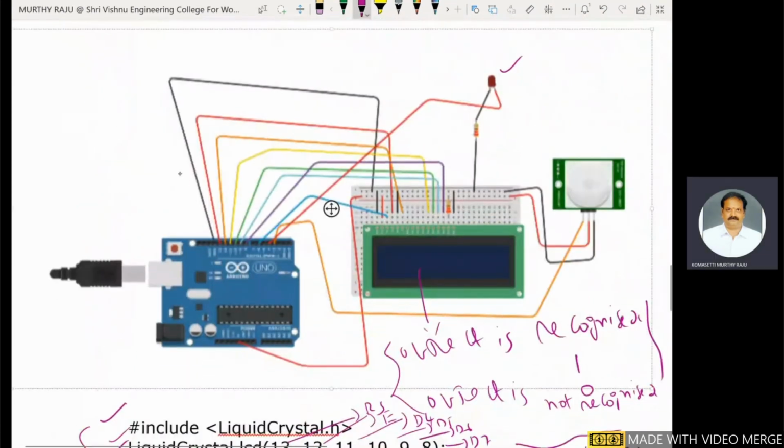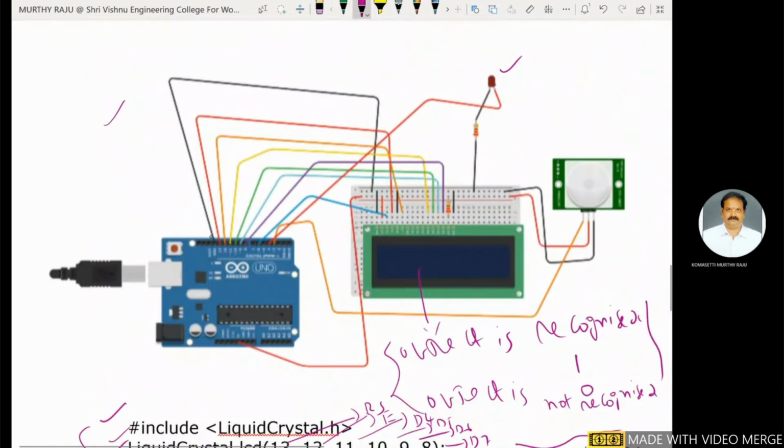This is the connectivity. By using these digital pins of the Arduino board, we have to make the connections between this Arduino board and the LCD. This one is a PIR sensor with 3 pins. One is VCC, another one is ground.